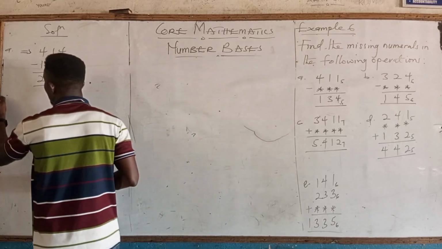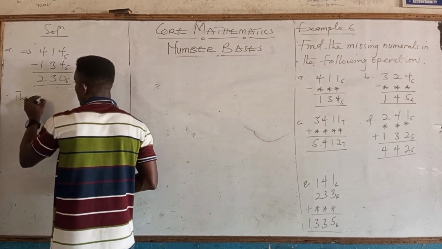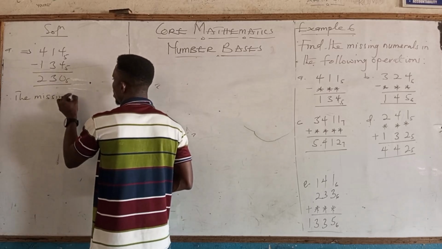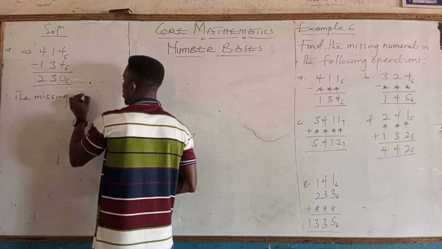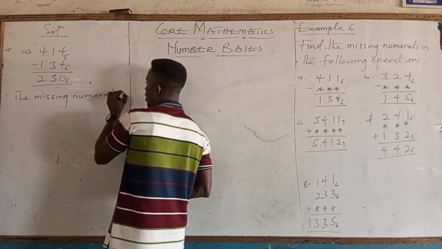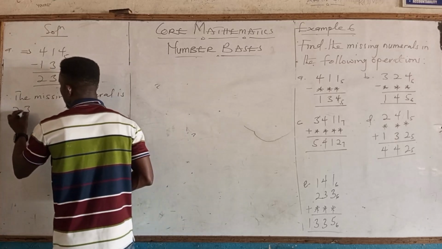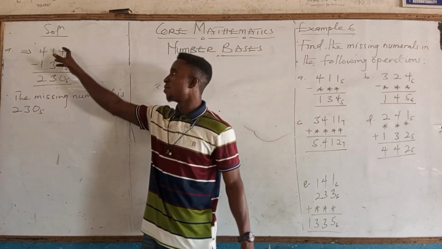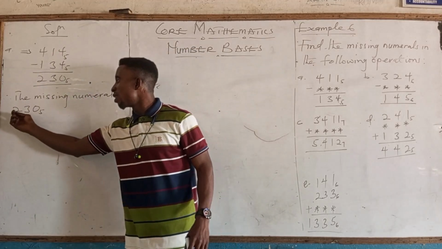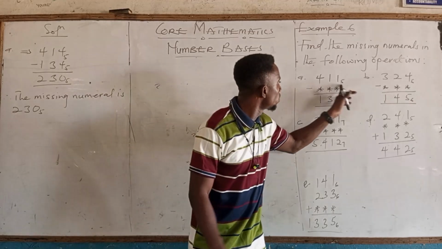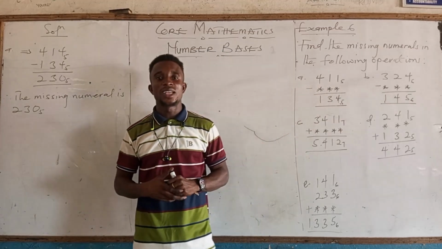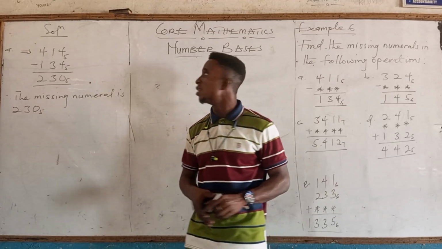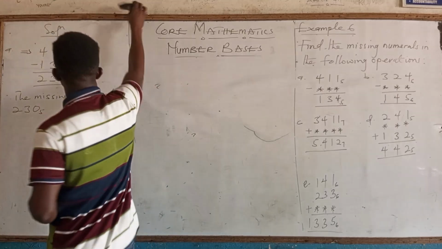So we say therefore the missing number or numeral is 230 base 5. This is the number that when we subtract from this, we get this. So when we now subtract this one from this one, we will get what is here. Please, are we getting that? And you can try that one and see. You can pause the video and try that one and see. So let's now move on to the B.